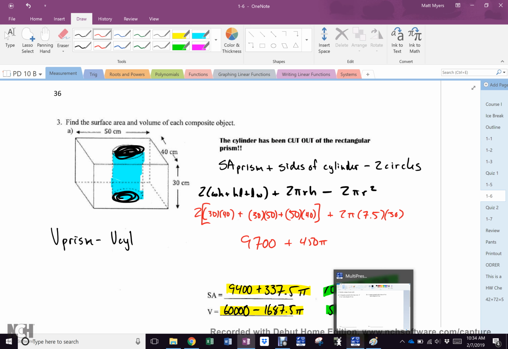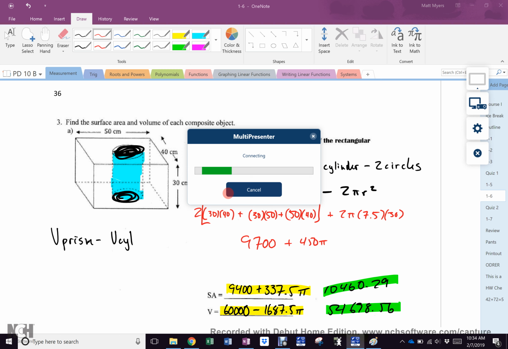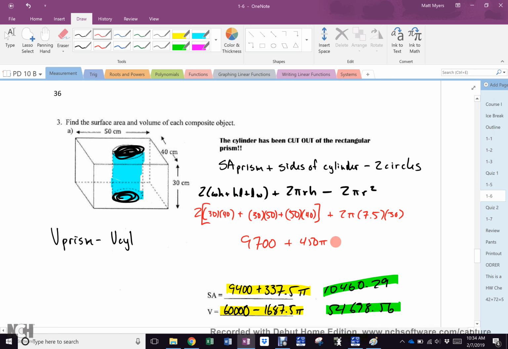I know it's blue. And then minus 2 pi 7.5 squared, which is minus 112.5 pi. 450 pi's, take away 112 and a half pi's, is 337 pi's. Oh, sorry, that's 9,400. Again, write out what you're doing. You can't get it wrong.